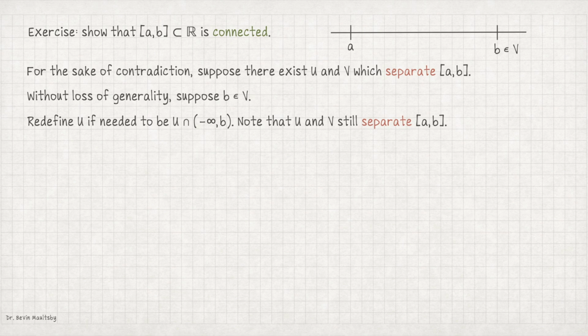So this new version of U together with V still separate the closed bounded interval from A to B, but what I can now say is that B is officially an upper bound of U. Since U is bounded above by B, by the supremum property it has a least upper bound, so let X be the supremum of U. So I know that X is, if anything, to the left of B, but it can't also be to the left of A because if it were, the entire interval from A to B would be covered by V, contradicting that U and V separate this interval.